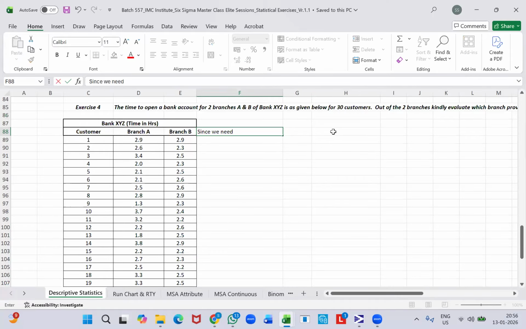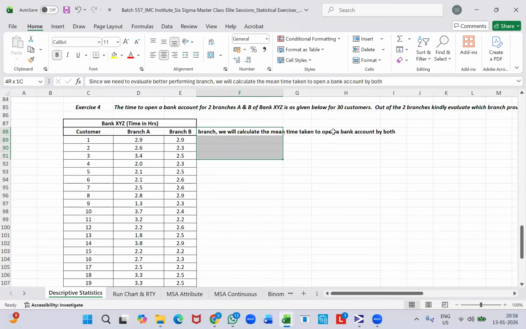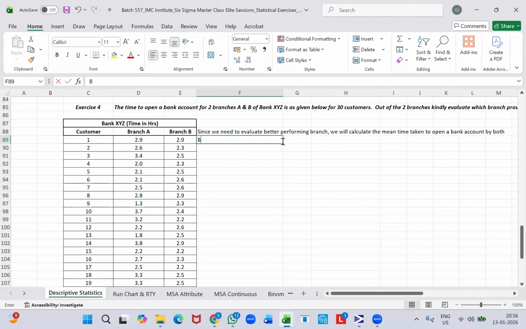Since we need to evaluate the better performing branch, we will calculate the mean time taken to open a bank account by both branch A and branch B, right? So whichever has a lesser mean time, that branch will be considered as the better performing branch.